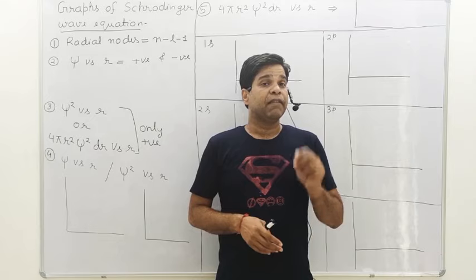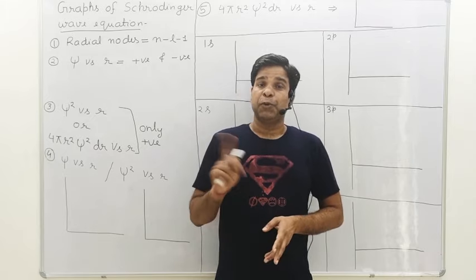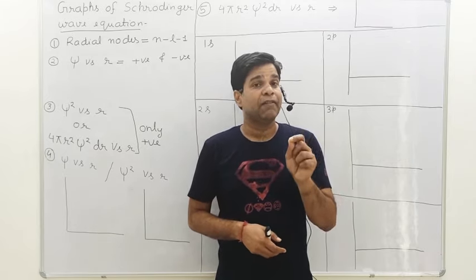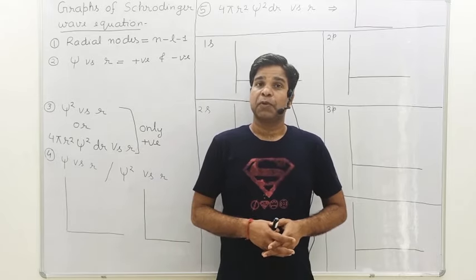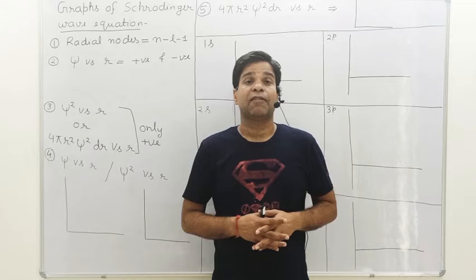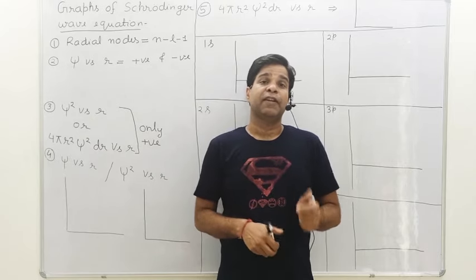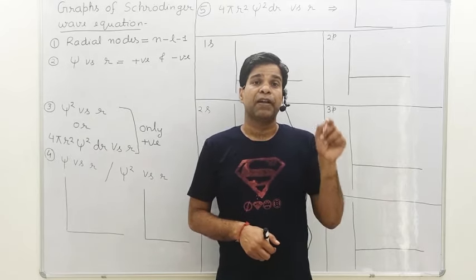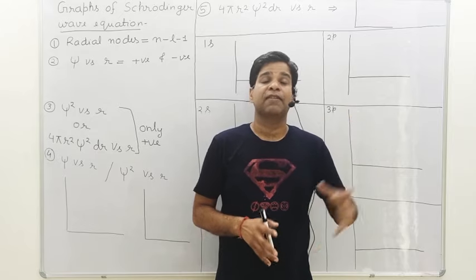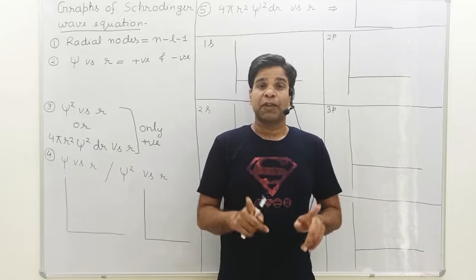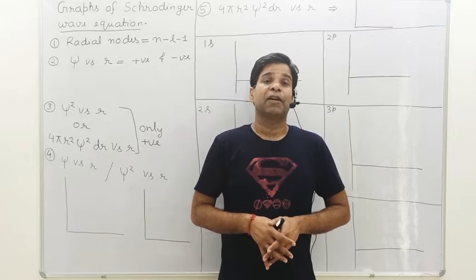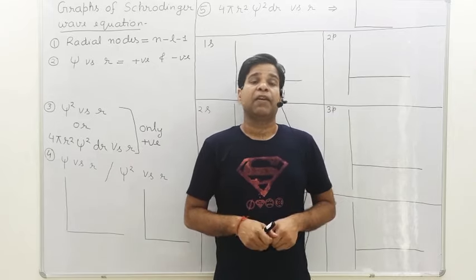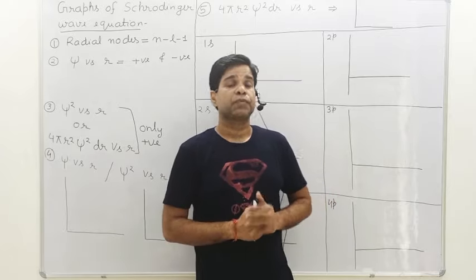Whenever we have a radial node, at the radial node the value of psi is equal to 0, the value of psi square is equal to 0, and the value of the radial probability density 4 pi r square dr versus psi is also equal to 0. So the first point is very simple. You have to calculate the number of radial nodes present in any given question.